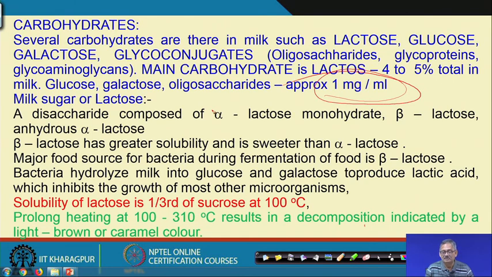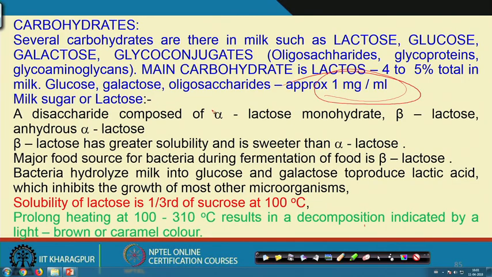So, 1000 milligram per liter, that is 1 gram per liter, or rather it should be 0.1 gram per 100 gram, right. 1 milligram per ml should correspond to roughly 0.1 gram per 100 gram.